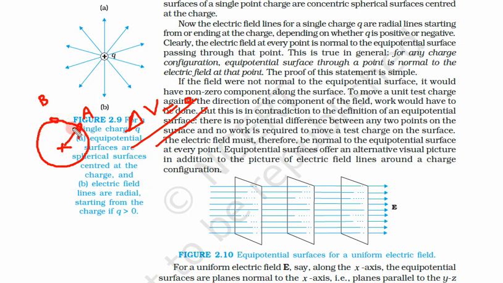If there is an electric field component, there must be some work done, and that work done will be stored in this charge as potential energy. Hence the potential will change, either increase or decrease depending on the nature of the work. So the potential change will not be zero. Hence it is a must for an equipotential surface that at each and every point of this surface, the electric field must be perpendicular to it.